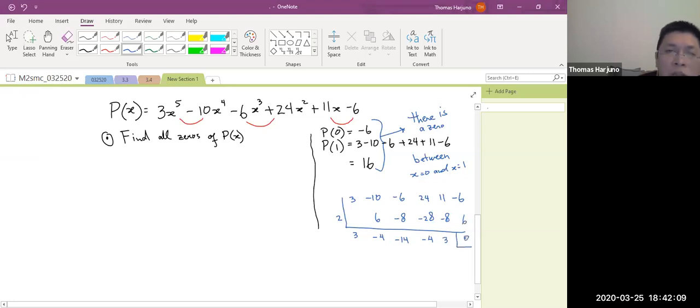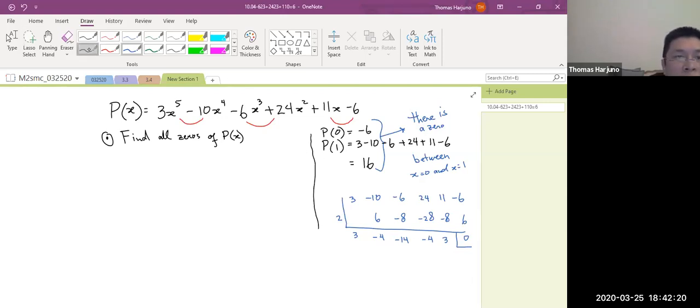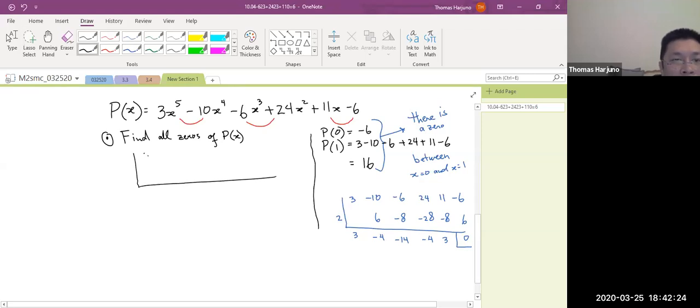Oh, P(2) is a 0, huh? Right? P(2) is a 0. So then, because P(2) is a 0, I will copy this work here in my main paper, on my test paper. So 3, -10, -6, 24, 11, -6.